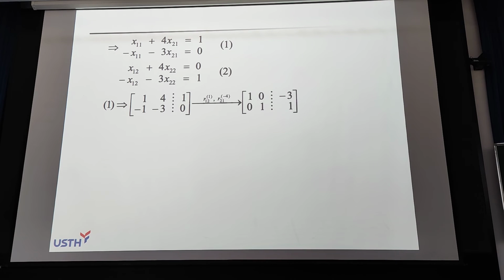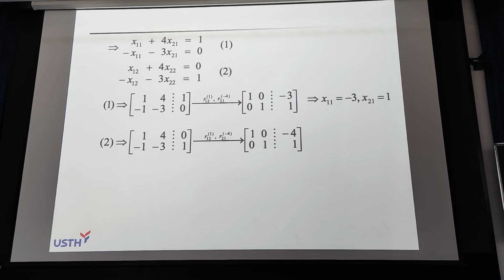Then our solution will be x11 equals minus 3 and x21 equals 1. And the same way to solve the second system of linear equations is here, and our solution is here.